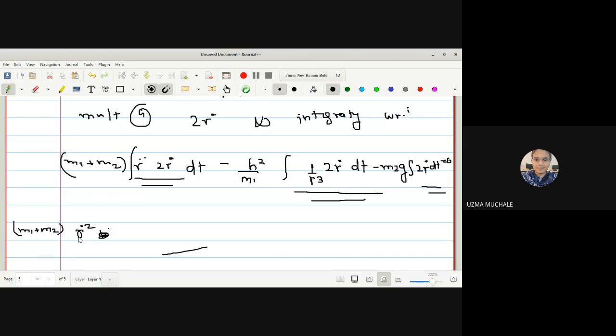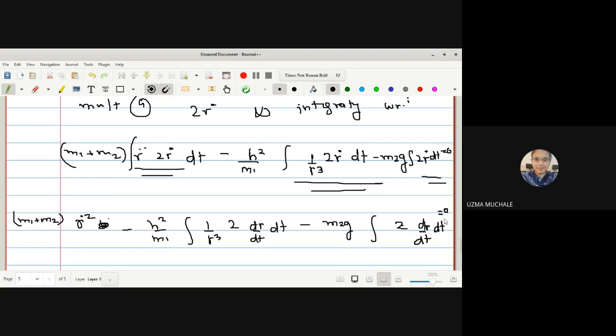Is it so difficult? What is the meaning of r dot? Let me write down. This is m1 as it is, integration 1 upon r cube 2 as it is. r dot means dr by dt, right? Minus m2 g integration 2 times dr by dt integration with respect to t, which is equal to 0.